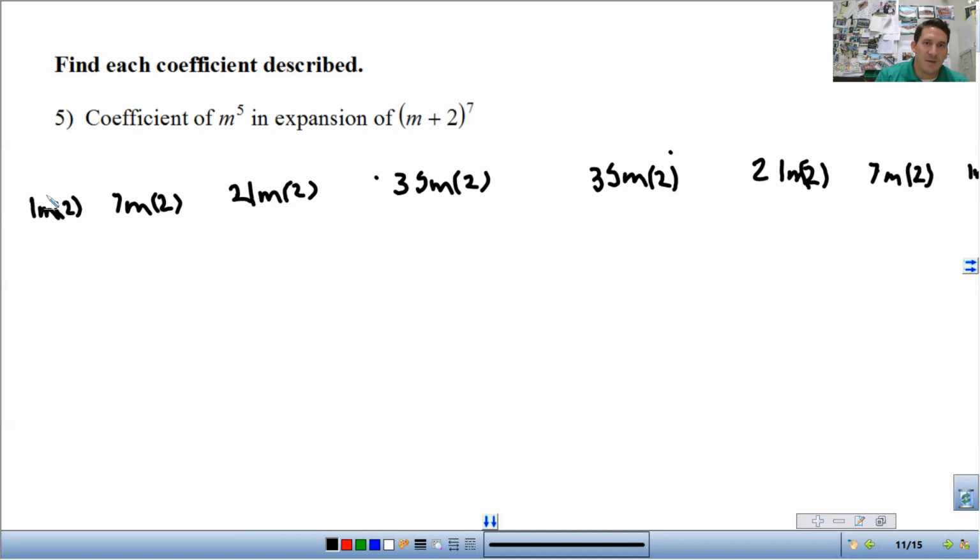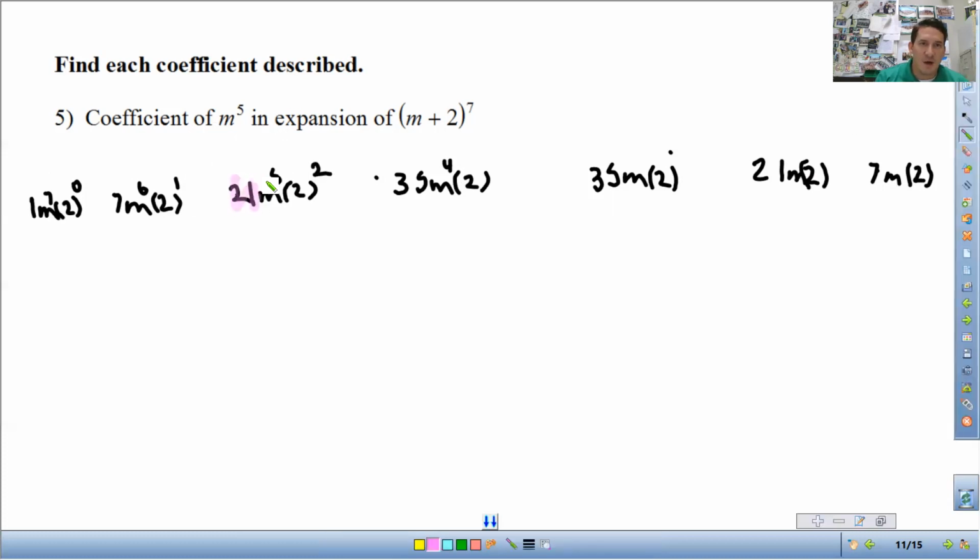That's fine right there. But the M starts at 7, so 7, 6, 5, 4. I'm looking for M to the 5th, so I can stop right there. The 2s start at 0, 1, 2. So I just need to worry about this one here, and I'm going to simplify it because that's the m to the 5th.